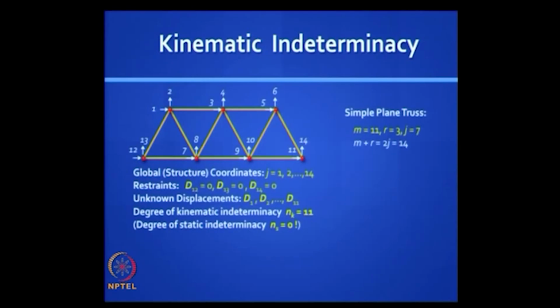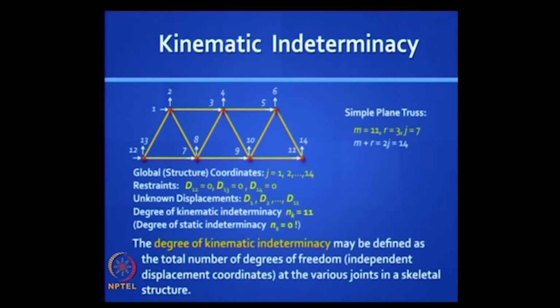It's important to note that these 14 displacements need have no interrelationship between them. They are really independent. But once you fix the displacement vector, then you also fix the elongations in the bars, okay? And those sets of relationships between bar elongation and the displacements are referred to as compatibility relations.